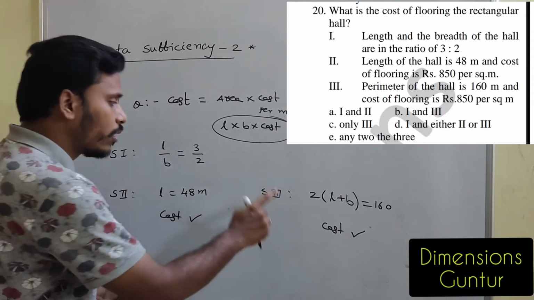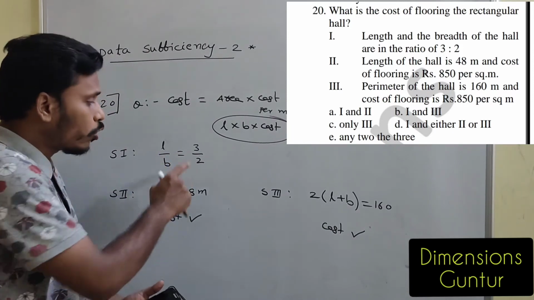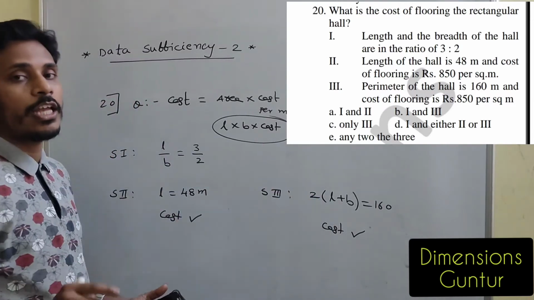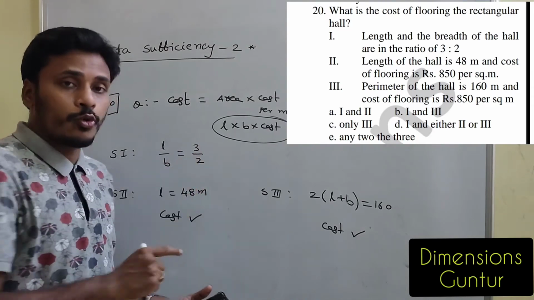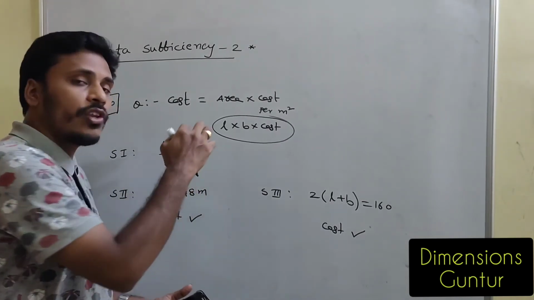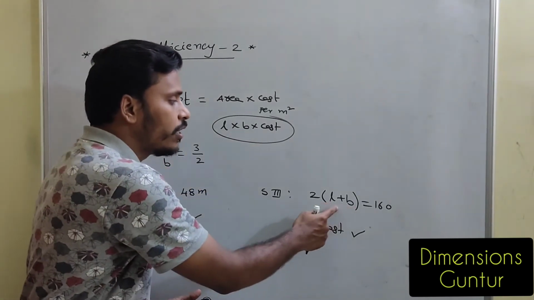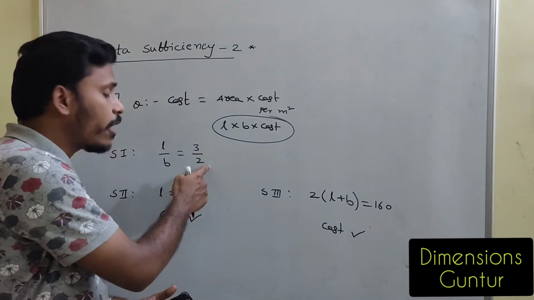And if you think about the third statement, since L and B are in the ratio 3:2, use L by B equals 3/2 here. Then from there again you will get the values of L and B. No need to solve it, just think about it. L is 3K, B is 2K. If you replace L and B here, you will get the value of K. Since K is known, L and B are known.